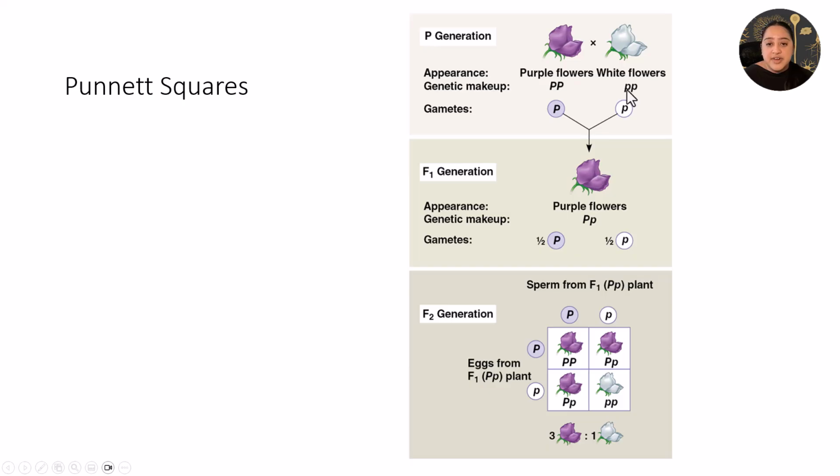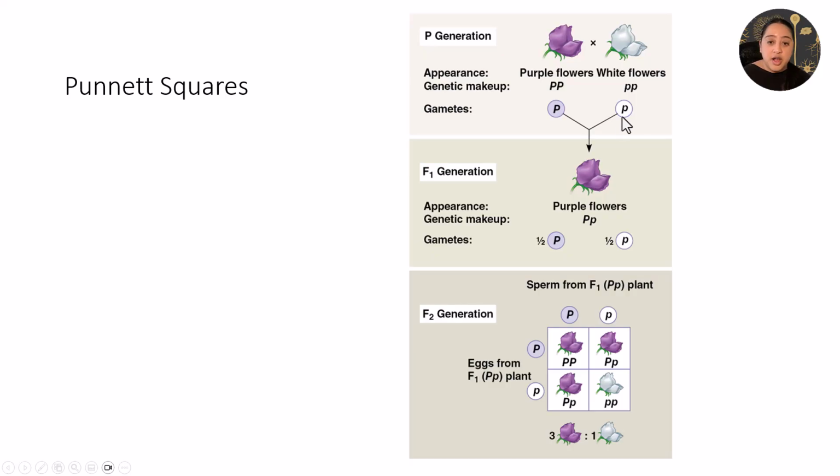Sorry, 4 of each actually. So if you divided up these gametes, there would be 4 gametes, and they would all have little p. And technically here, there would be 4 gametes, and they would all have big P. And so you're thinking about the potential gametes they can have.